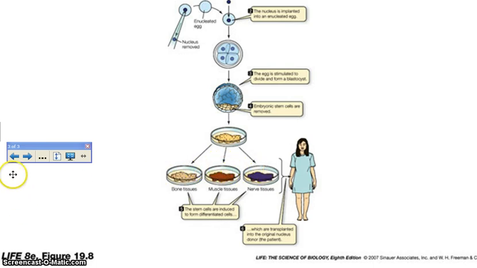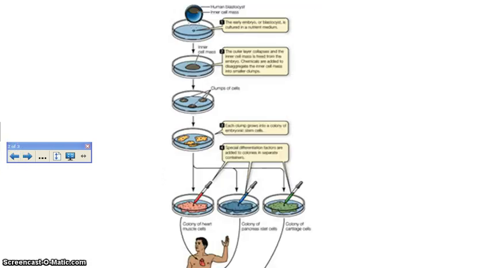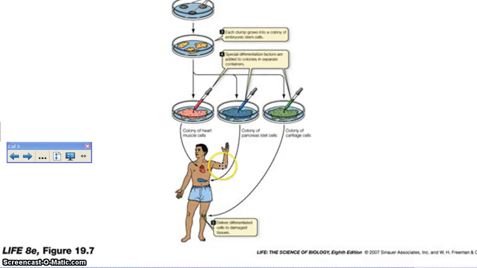Now, this is called therapeutic cloning, and the advantage that therapeutic cloning has over stem cell research is that this inner cell mass is not genetically identical to this human being.